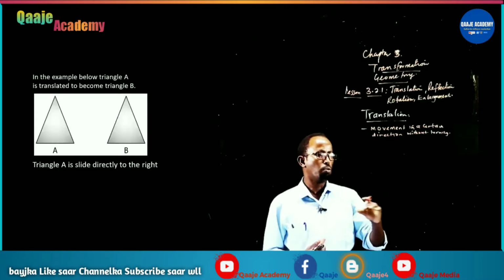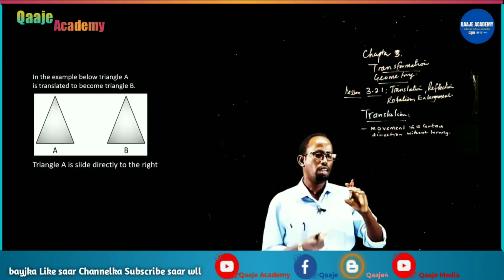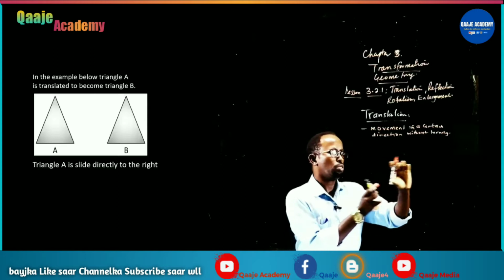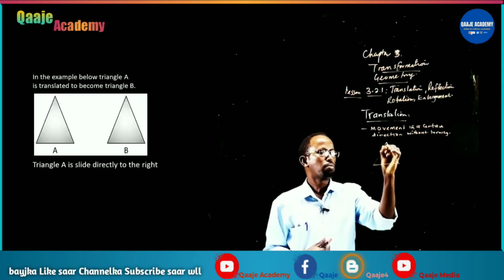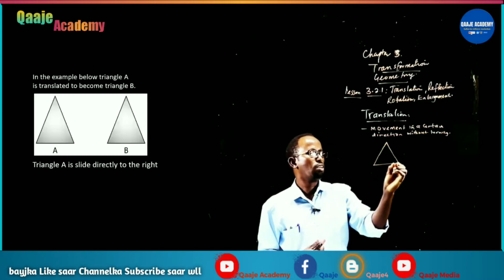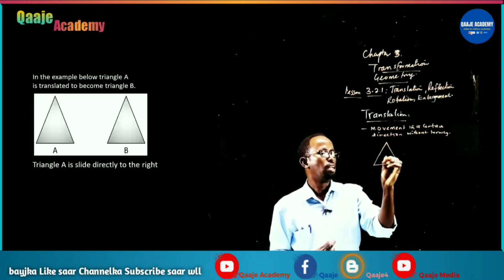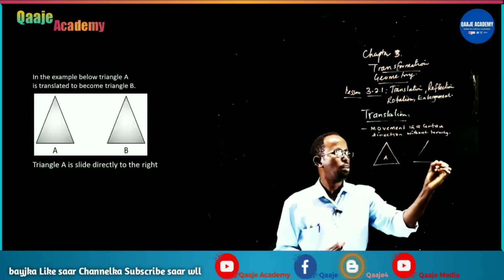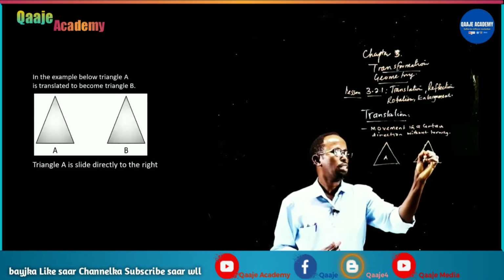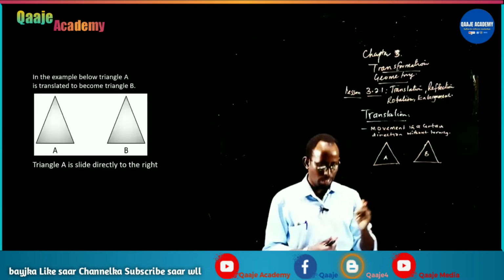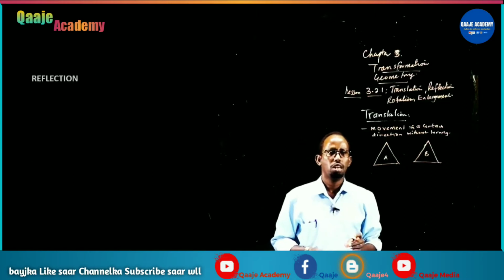There is horizontal movement and no movement vertically. The first shape is the object, and the second shape becomes the image.